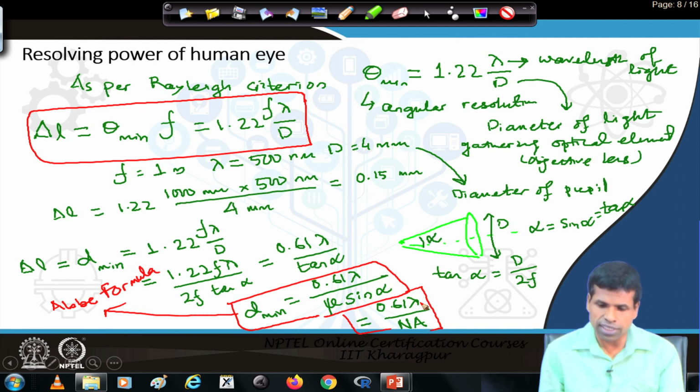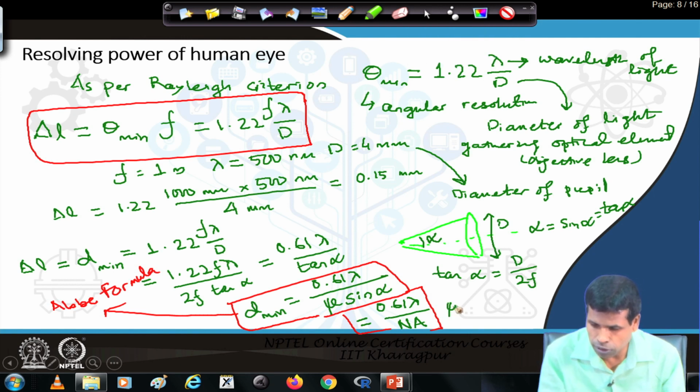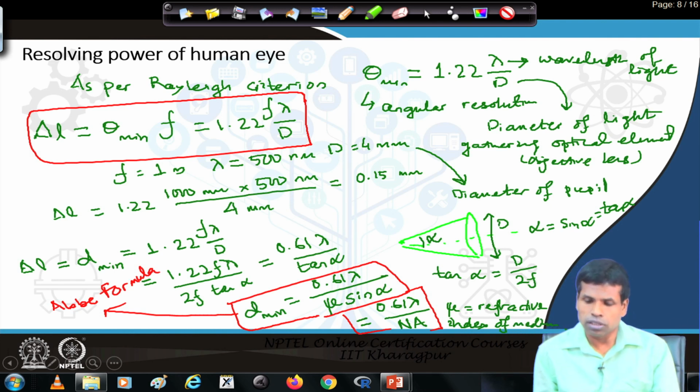Numerical aperture is mu sin alpha, here mu is the refractive index of the medium between the object and objective lens.